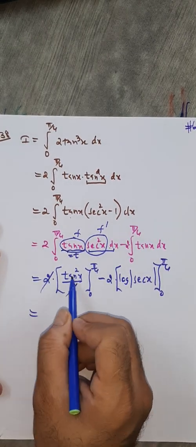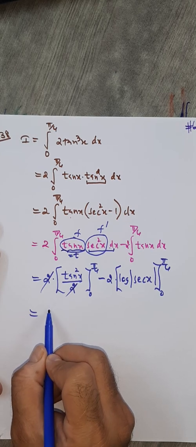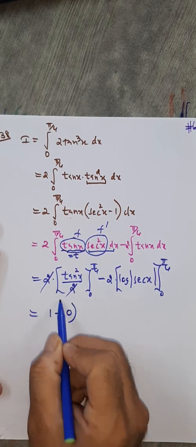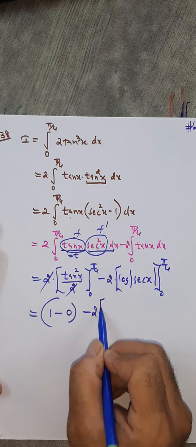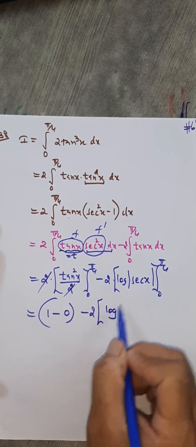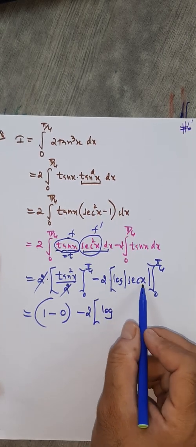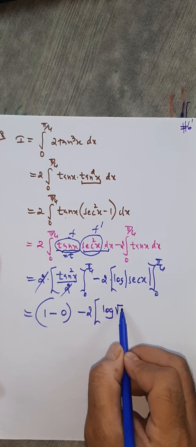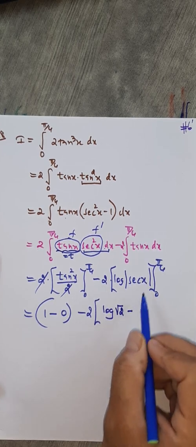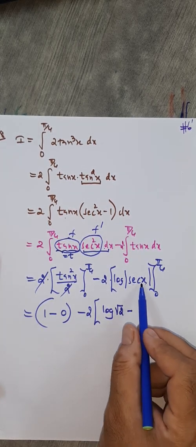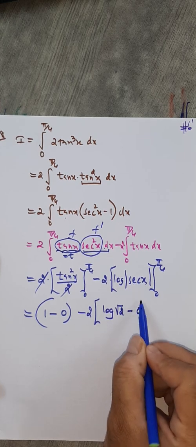2 will get cancelled. Here tan pi by 4 is 1, tan 0 is 0. Minus 2 into log of sec pi by 4, it's root 2 here. Minus, put 0 here, sec 0, which is 1, and log 1 is 0.